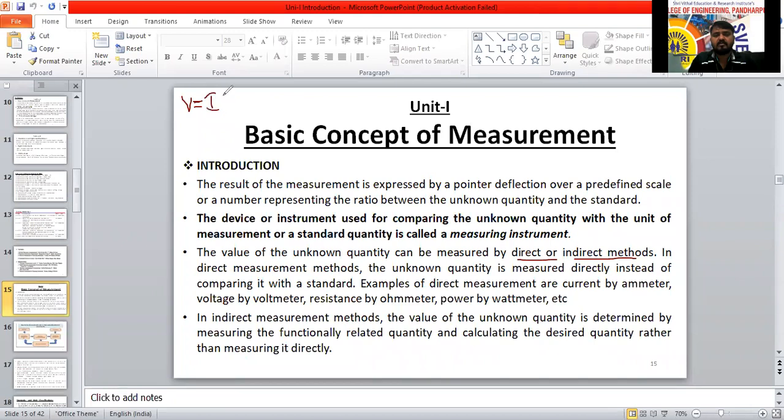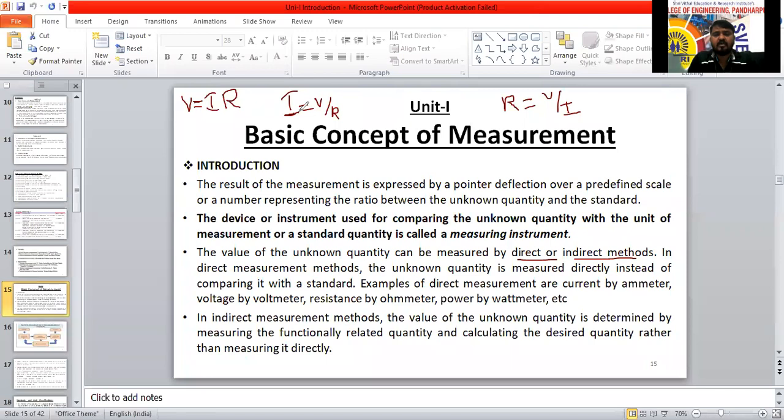Yes, V equal to IR is the formula for voltage, or I equal to V by R. I equal to V by R. R equal to V by I. So this voltage or current formula we can derive from Ohm's law.